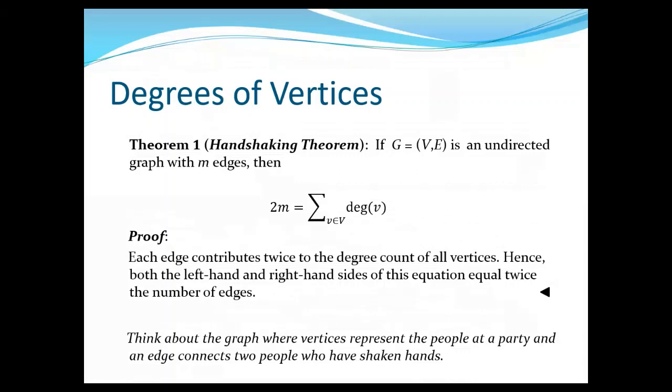If G equals (V, E) is an undirected graph with m edges, then 2m is equal to the summation of the degree of each vertex v. So you just add all the degrees of each vertex, and it is equivalent to 2m.